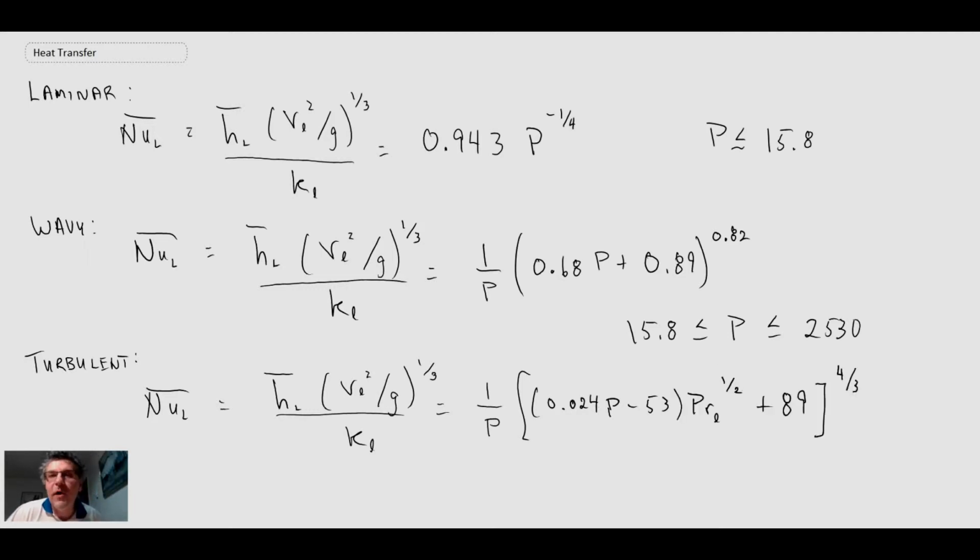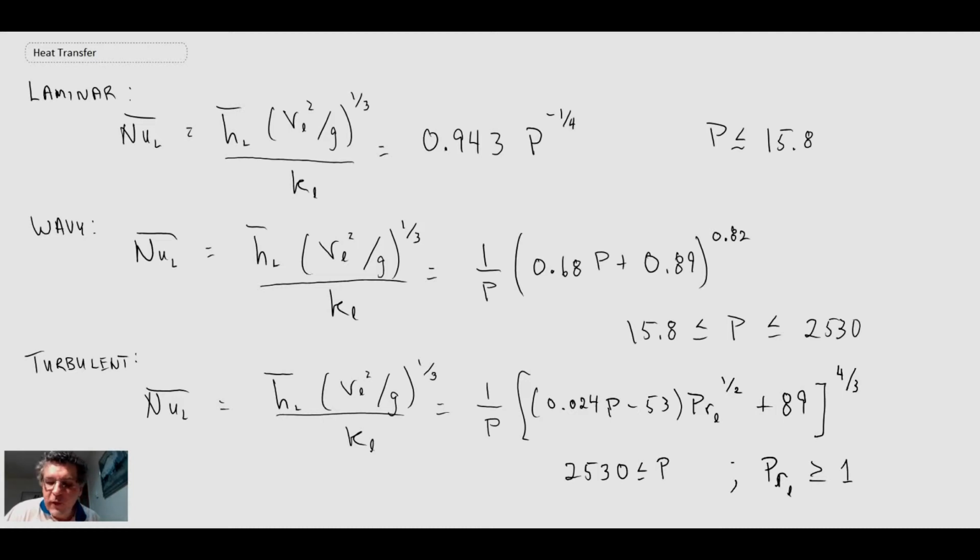Just like we saw in the previous segment, when we got to turbulent, it included the Prandtl number, and so this applies if P is greater than 2530, and it also applies for a Prandtl number of the liquid greater than or equal to 1.